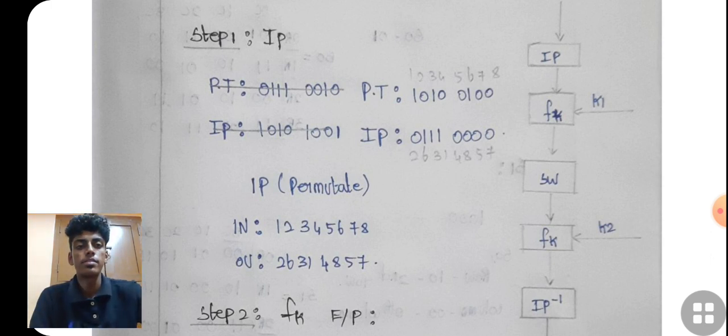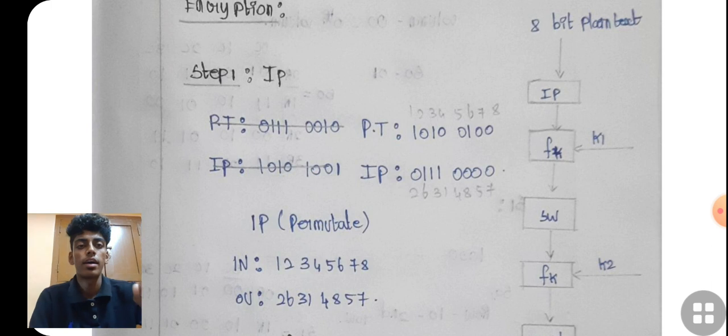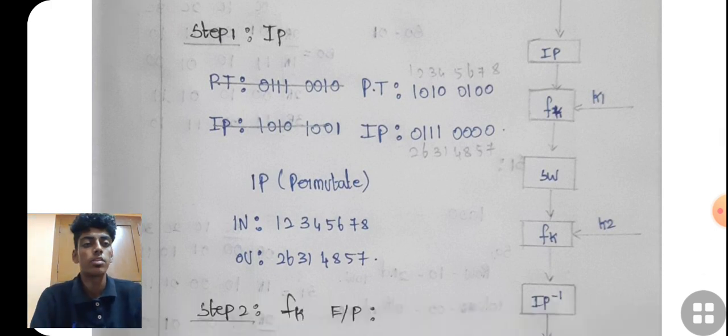On the right side I draw the flow chart of the encryption process. We take the 8-bit plain text, find IP, then find FK, and we do the swap operation. Again we find FK. The first FK uses K1, the second FK uses K2, and finally the 8-bit ciphertext is IP inverse.